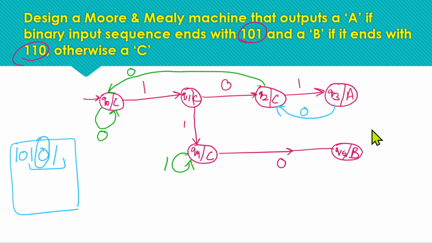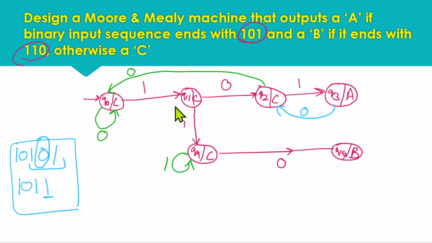Next, from q3 if we are getting a 1, being on q3 means we have received 1 0 1, and if the next symbol is 1, the path is changed from 1 0 1 to 1 1 0. We are moving toward the next pattern, this path.